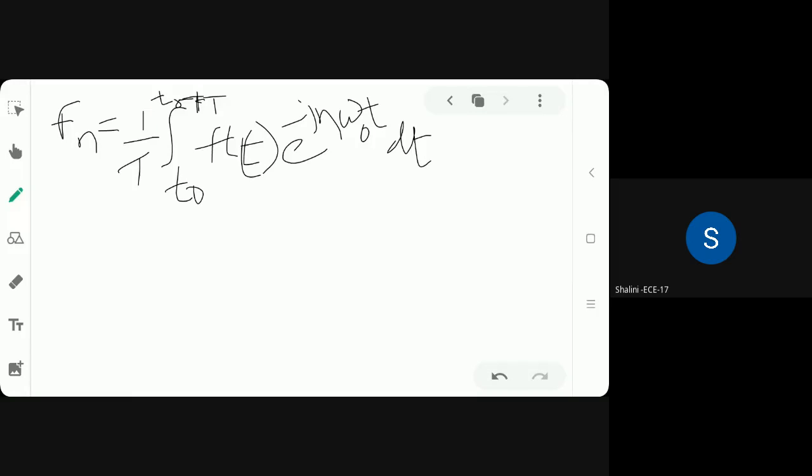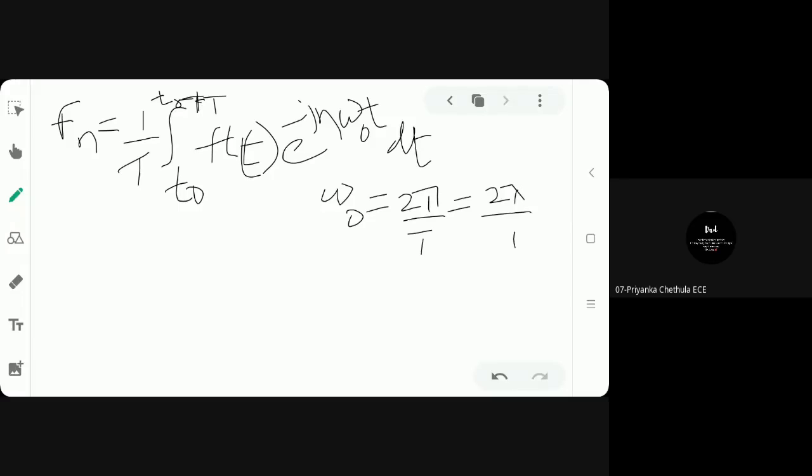So now let us determine what is omega naught equal to. Omega naught equal to 2 pi by capital T. What is capital T here? Capital T is equal to 1. So omega naught is equal to 2 pi.